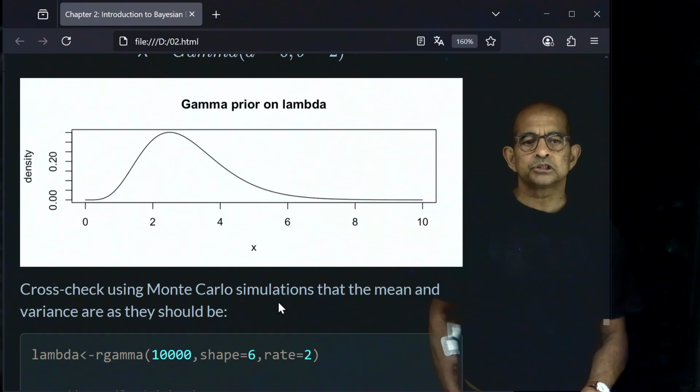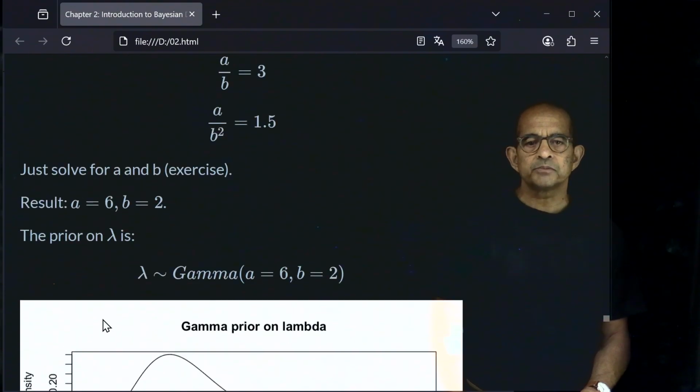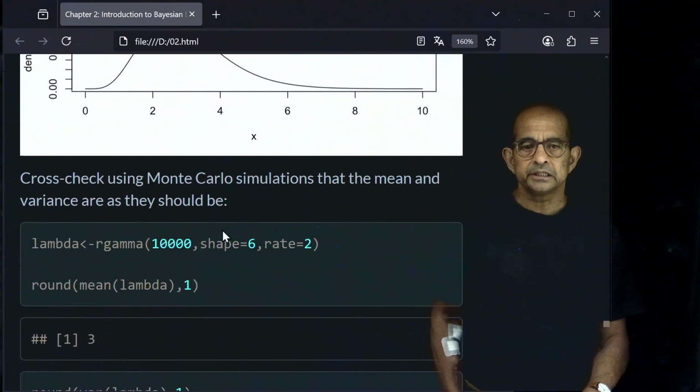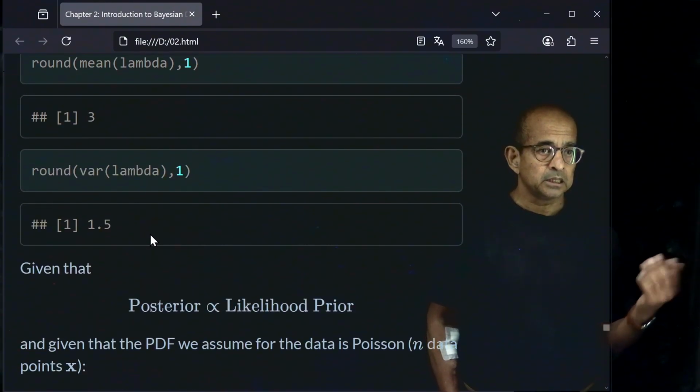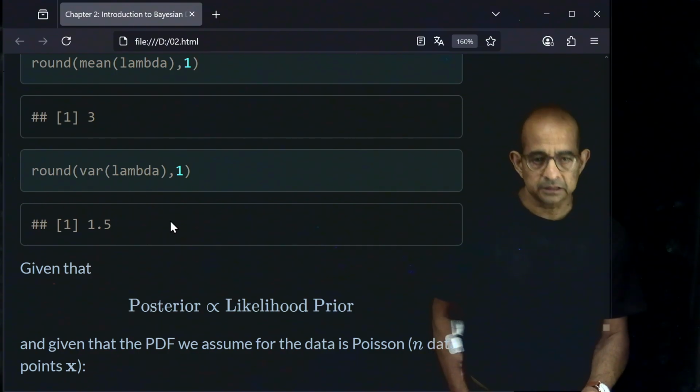But one thing I want to show you is that if you have doubts about whether you did this calculation correctly, you can always cross-check using simulation. So let's generate some random data from a gamma distribution with a and b of 6 and 2, respectively. I'm generating 10,000 data points from this gamma distribution. Then I compute the mean and the variance, and lo and behold, they are exactly what we had defined earlier.